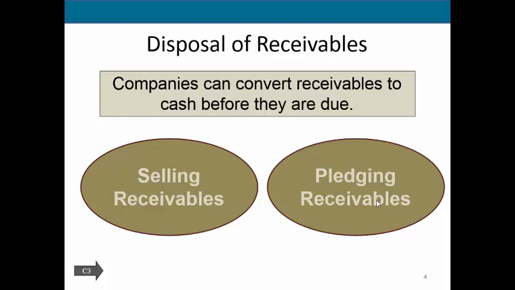You can sell your accounts receivable, or you can pledge your receivables, and these are simply methods of going ahead and getting your cash. A basic example is if you sell your receivable, you're going to sell your receivables to someone, and you're going to get cash today, and they in turn get your receivable. Why in the world would someone do this?